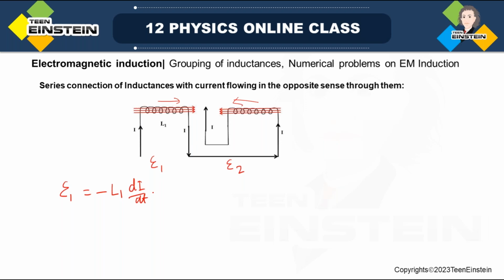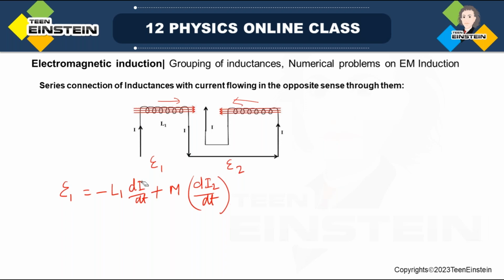Due to mutual coupling, there is minus M d I2 by dt, and I2 is in the opposite direction.